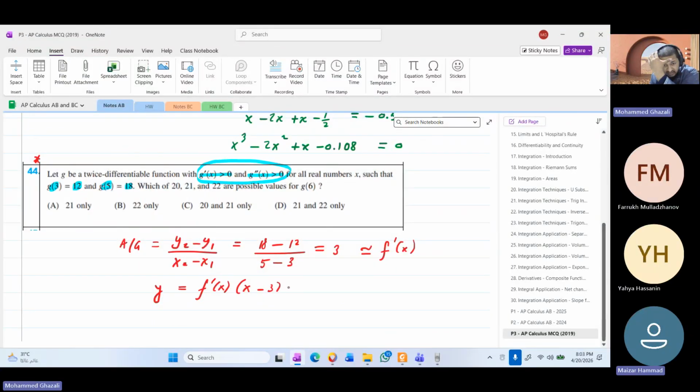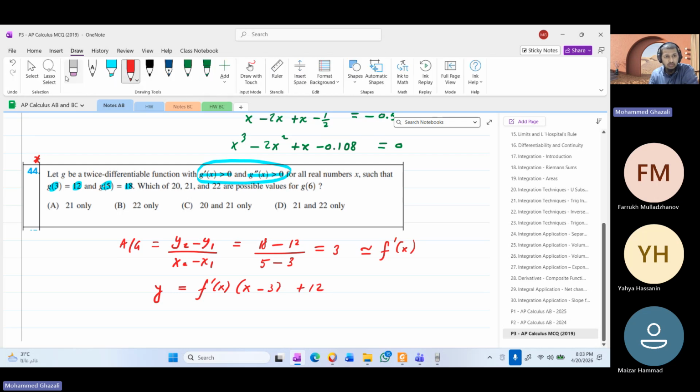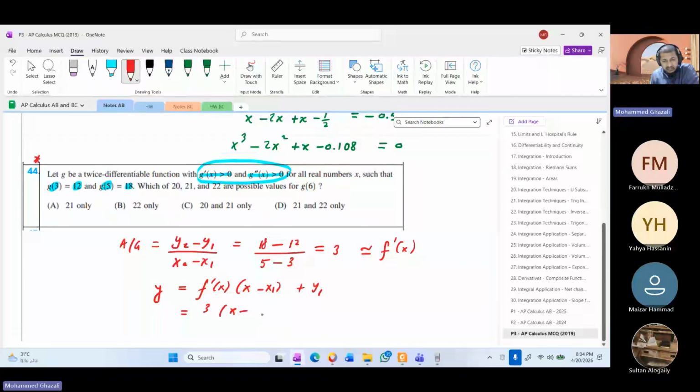Do you know which equation I'm using? y minus y1 equals f prime x times x minus x1. F prime x is 3. So x minus 3, and y1 is 12.